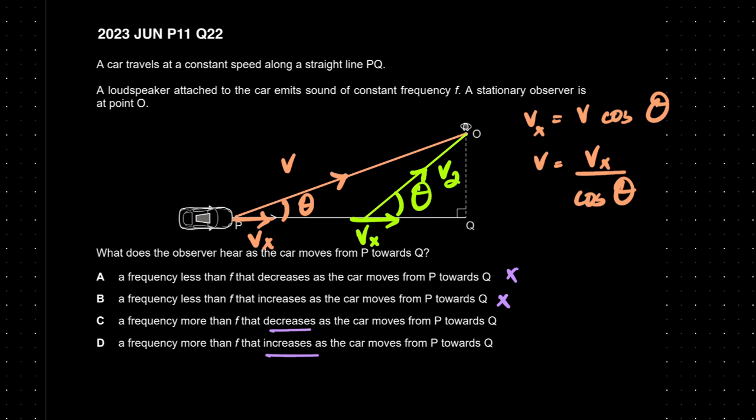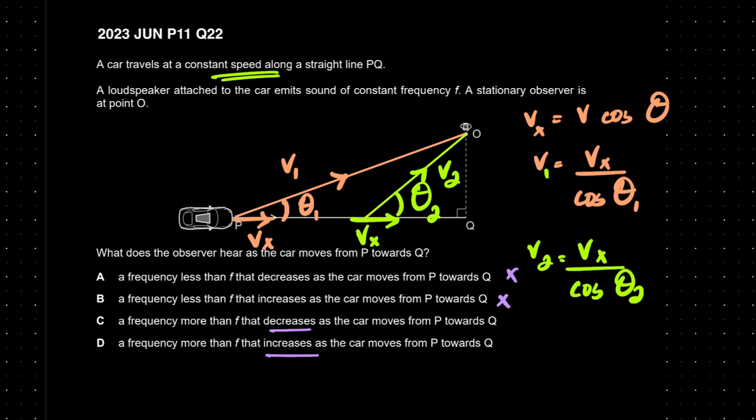It's going to be V2 equals Vx, which is still the same, but now cos theta 2.